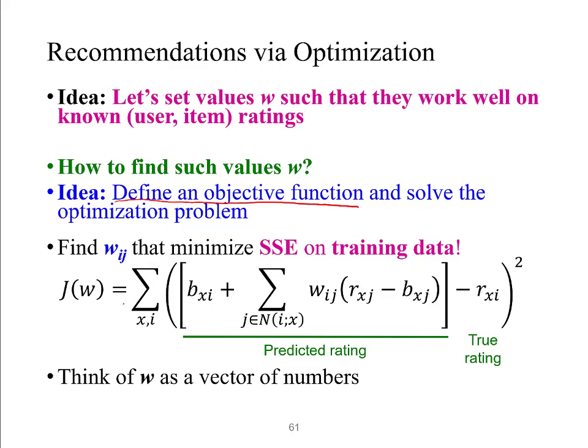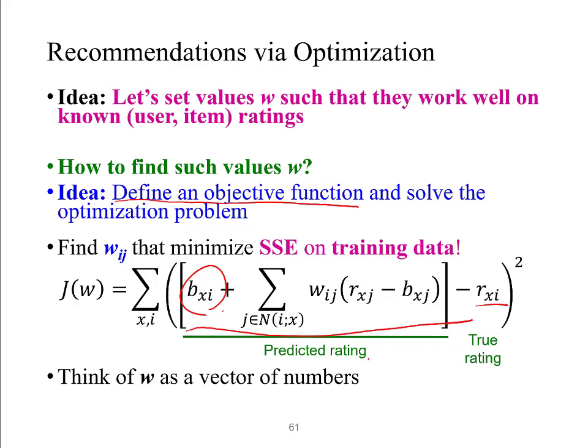It is the sum over (x,i) pairs in the training data, and what is to be summed is the square of the difference between the predicted rating and the true rating. True rating we can get directly, and predicted rating can be estimated as this.